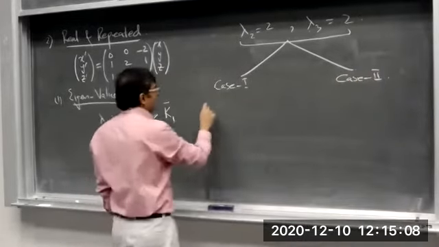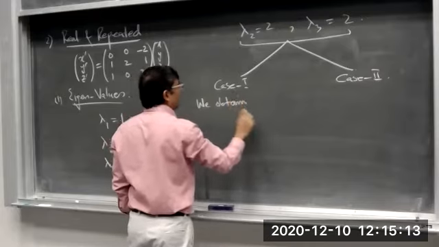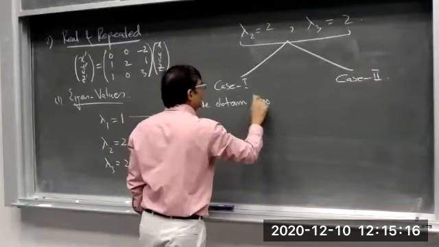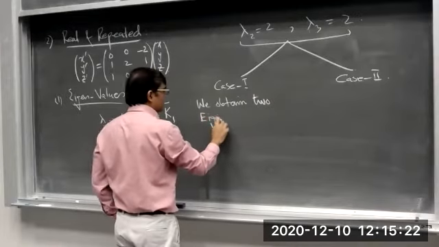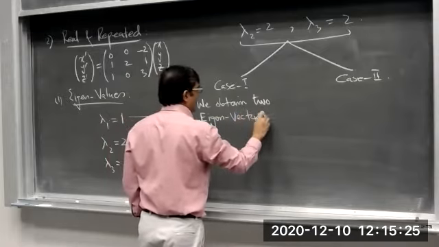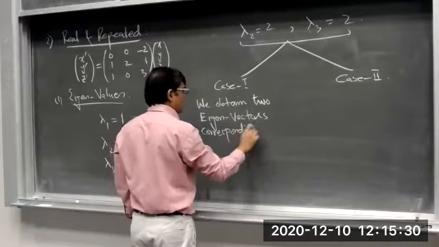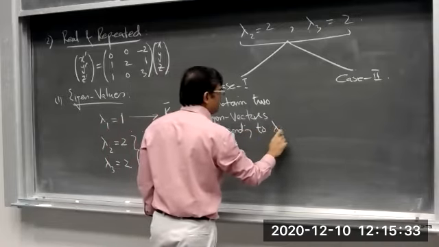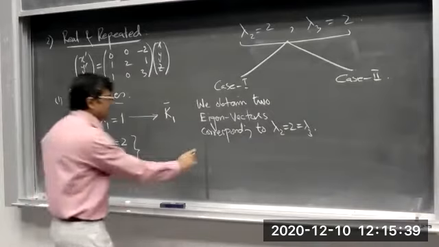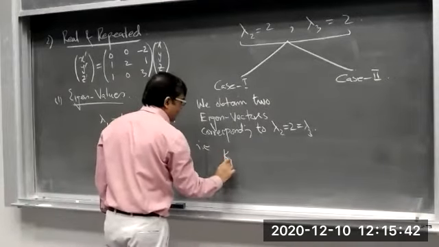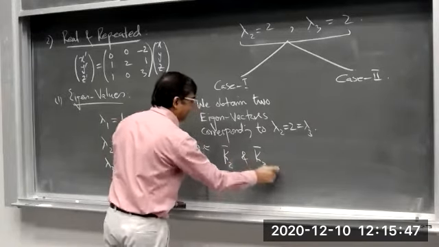Case 1 is that we obtain 2 eigenvectors corresponding to lambda 2 equal to lambda 3. That is, we obtain K2 and another eigenvector K3.